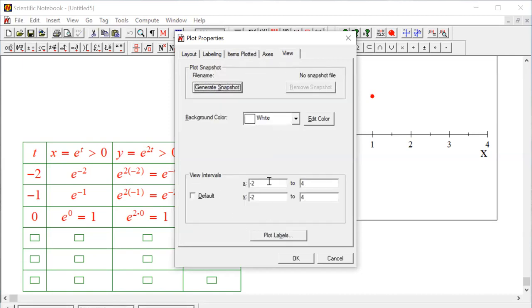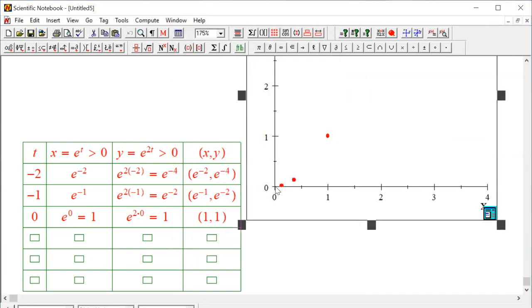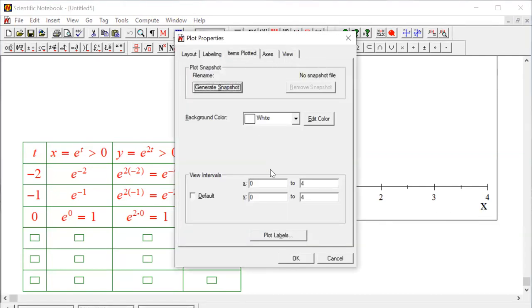So I'm going to make an adjustment to the view because our picture is only going to be in the first quadrant. Shall we ever touch 0? Never.